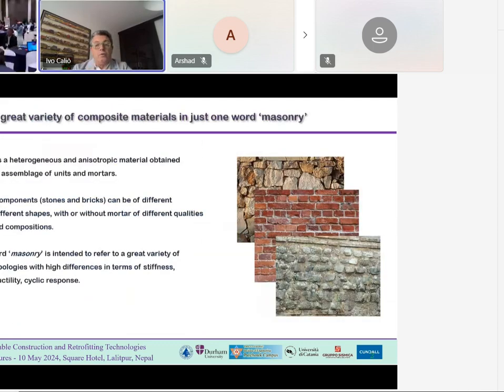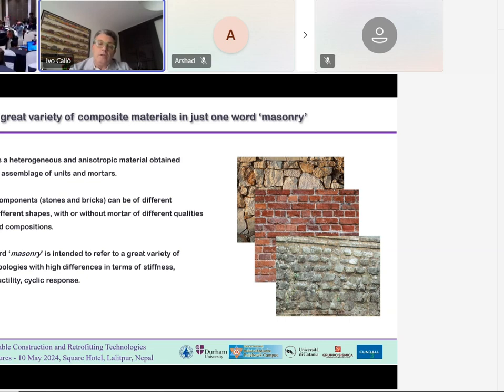It's important to emphasize that with just one word, masonry, we refer to a heterogeneous and anisotropic material that is obtained through the assemblage of units and mortars. And the result of this assemblage is very different from the structural behavior of each component.